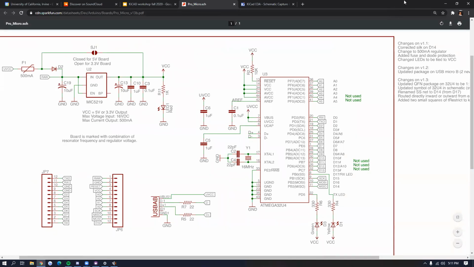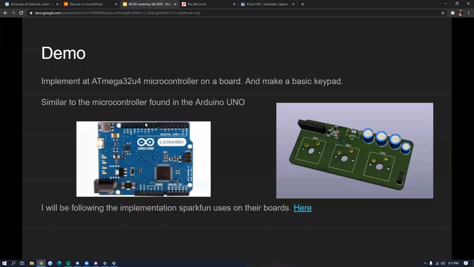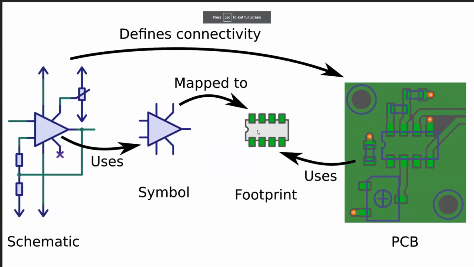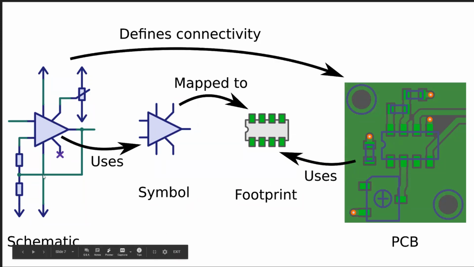Okay, so the first step is an overview of how KiCad works. You first start with a schematic, which uses symbols, which are the individual components. The microcontroller, the ATmega32, would have its own symbol. Every resistor and each capacitor would have its own symbol, and so on.